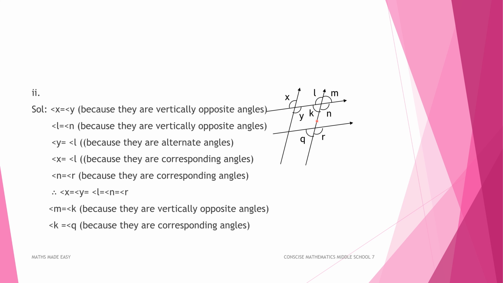These are the small hints through which you can find what type of angle it is. So K and Q are always equal because they both are corresponding angles. I hope it's very clear. So from this, M is equal to K and K is equal to Q. That means M is equal to K is equal to Q.